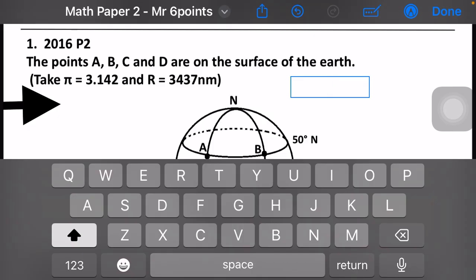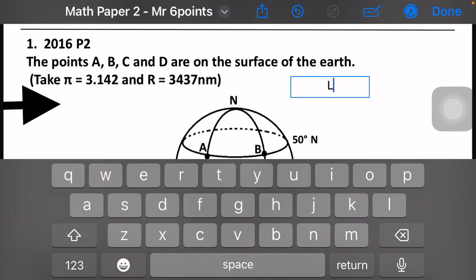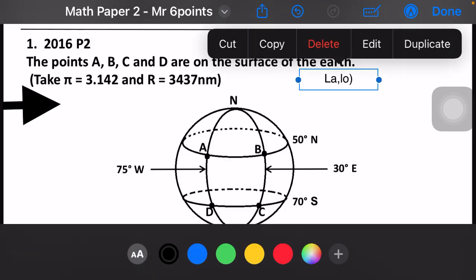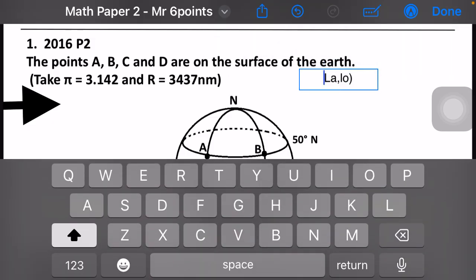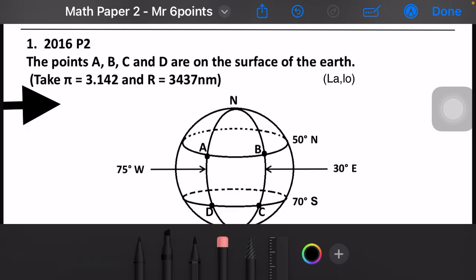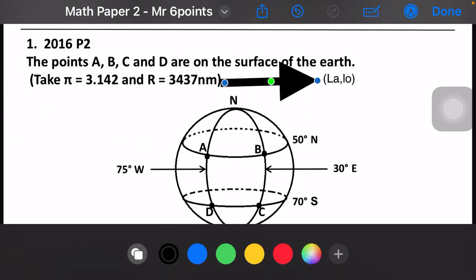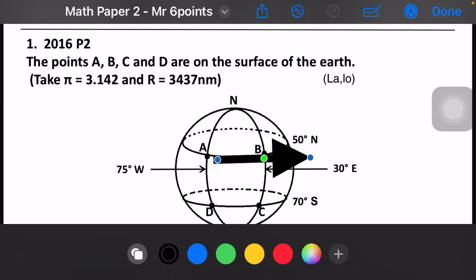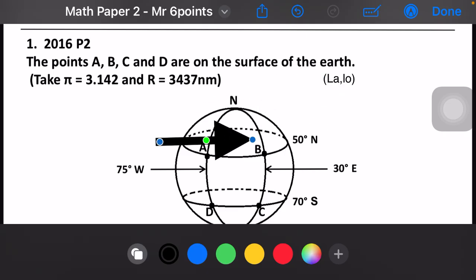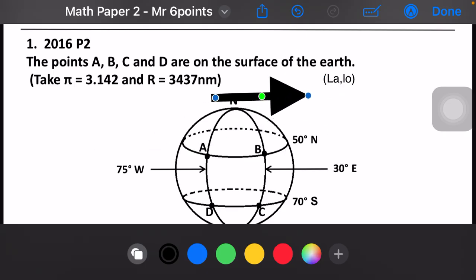You need to say the point is given as latitude, comma, longitude. That's how you are able to get a point. So this is the formula you use if you want to identify the points, if you want to write the coordinates of a given point.